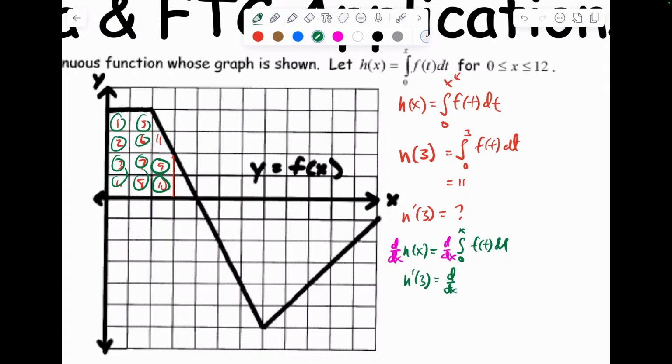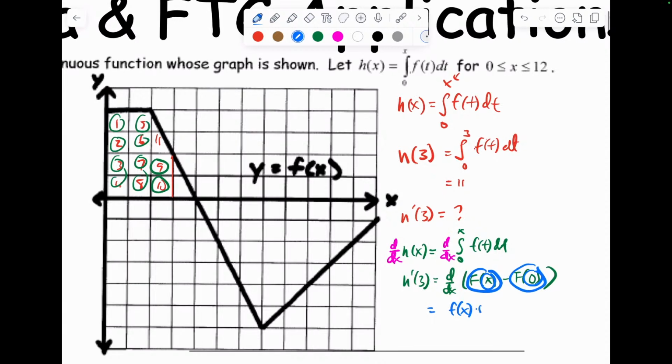Now I'm going to integrate this. That becomes a capital F of x. Remember? Fundamental theorem of calculus. And there are 2 layers, 1 and 2. So if I take a derivative of this, it's going to be f of x, because the derivative of capital F becomes lowercase f, times 1, and times f of 0 minus f of 0 times 0.